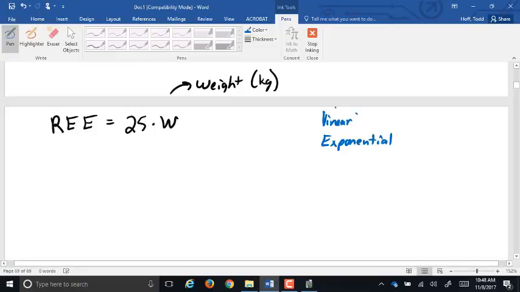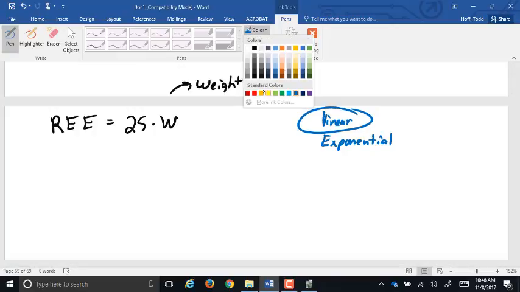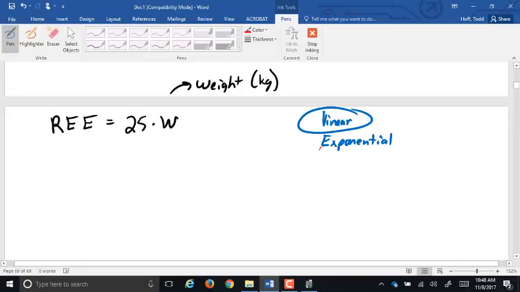It is linear because it is a constant rate of change. Remember, exponential is named because it has a power in it somewhere. You know, we'd have some sort of a number with x or t as the power of that exponent. So it can't be exponential. It has to be linear. And it's a constant rate of change here.